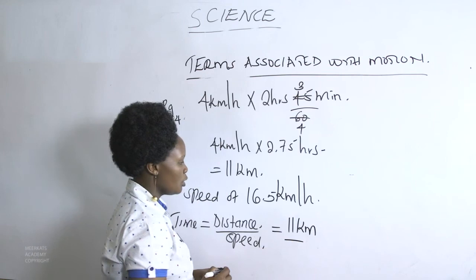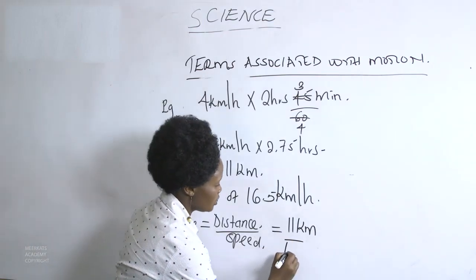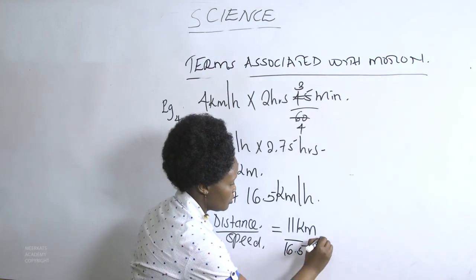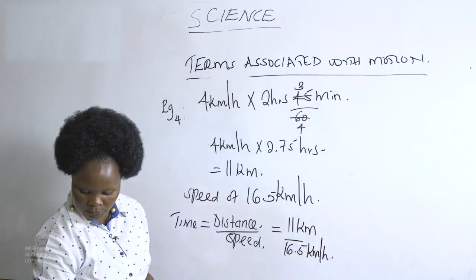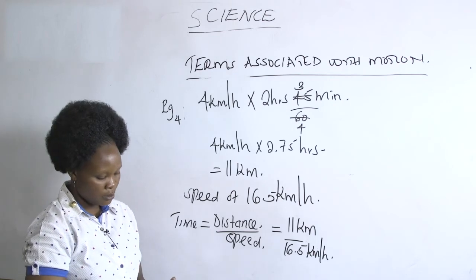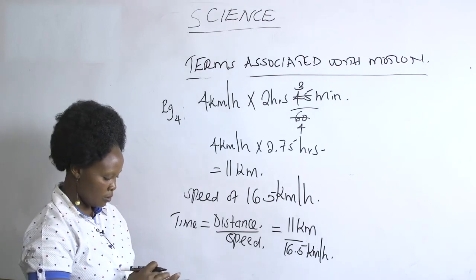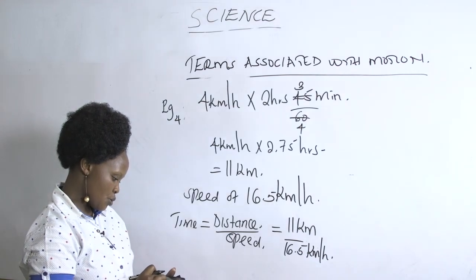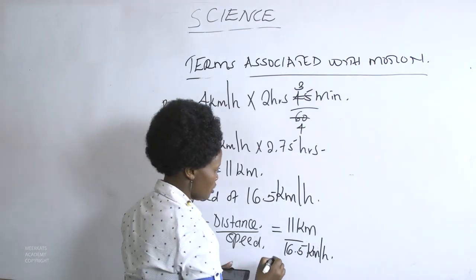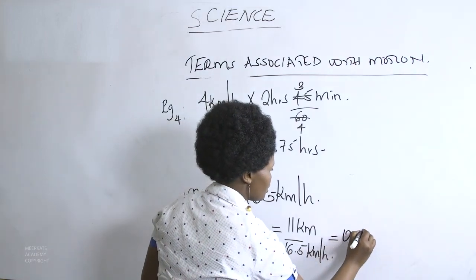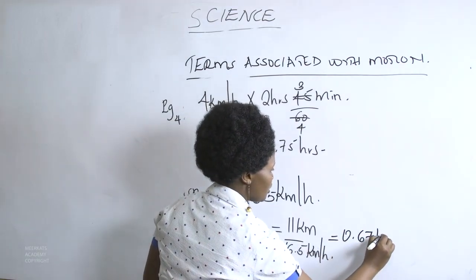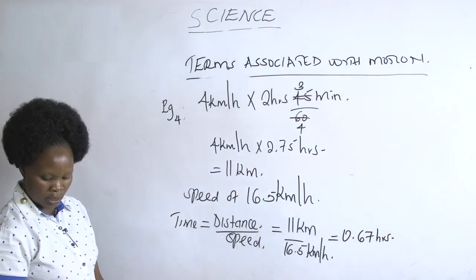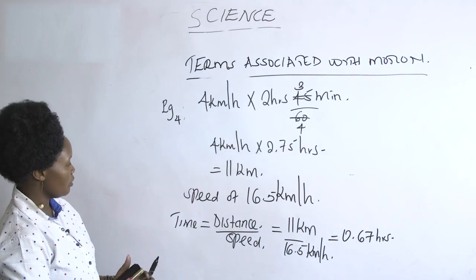This one we want to divide by 16.5 kilometers per hour, which gives us 0.67 hours.